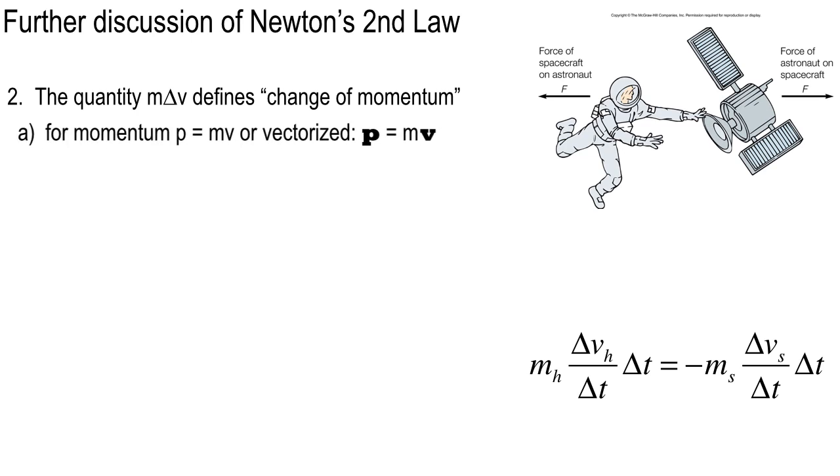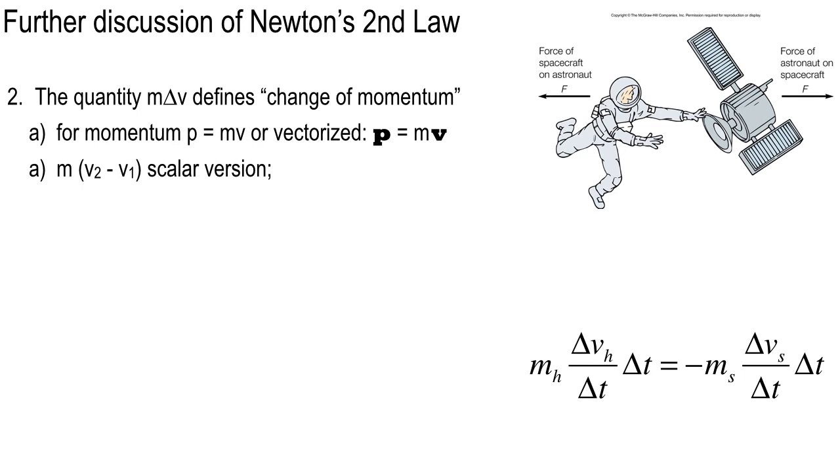Now, I'm sorry, I'm a little bit out of sequence here. The equation that we should have is m times delta V for the human, mh times delta VH equals minus m for the spacecraft times delta V for the spacecraft. It's going to show up here in a second, but it's out of sync right now. So that quantity m delta V defines change in momentum if you define momentum in this way.